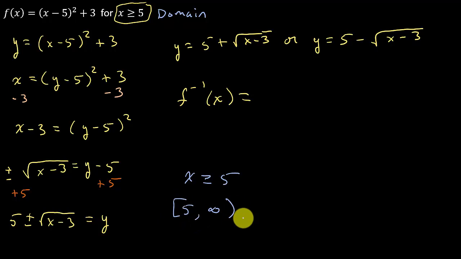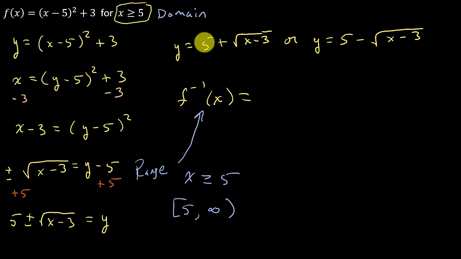Remember, the domain of the function is the range of the inverse. So this is the range of the inverse function. Which one of these is going to give us a range of 5 to infinity?